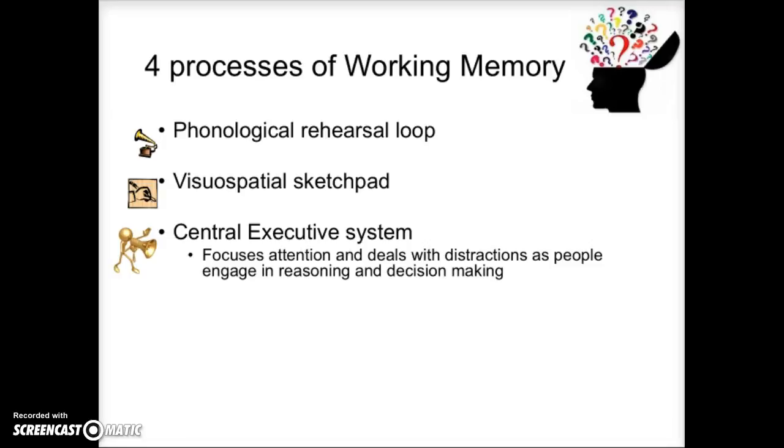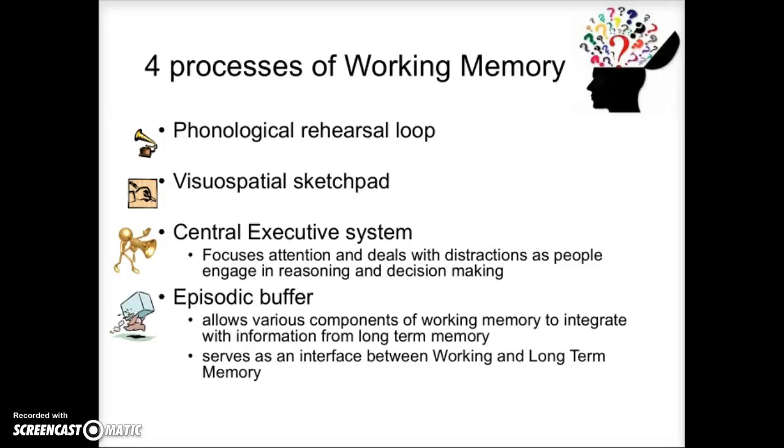But the CEO is not going to stop steering the ship and run off to the file room to pull the files. So your central executive needs an assistant. And that assistant is called the episodic buffer.